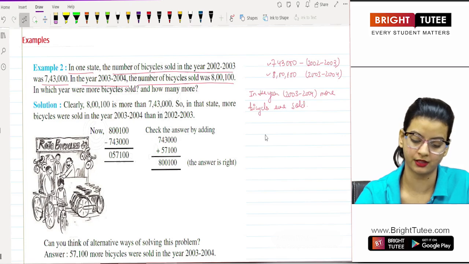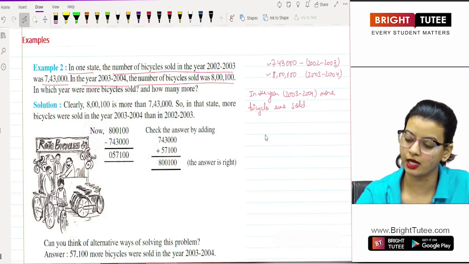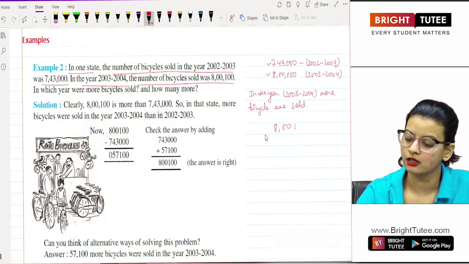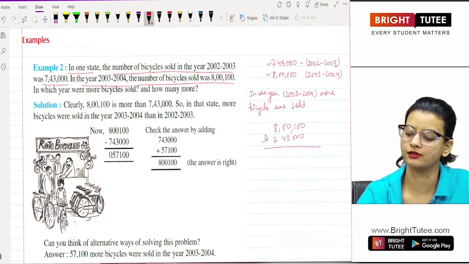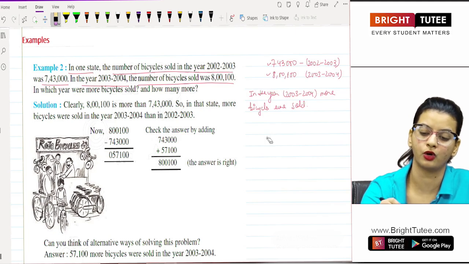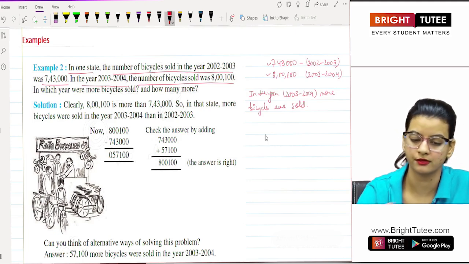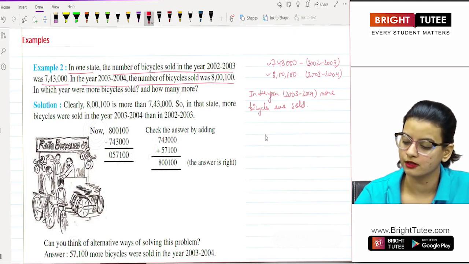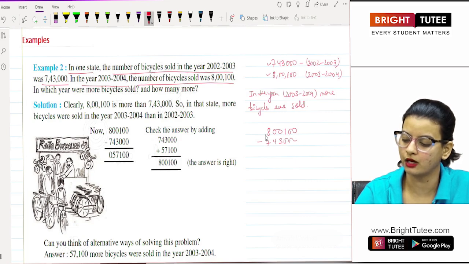For that, we'll have to subtract 7,43,000 from 8,100,000. Let's do that. For subtraction, we are not going to write with commas, we are going to write without commas. So this is 8,100,000 minus 7,43,000.